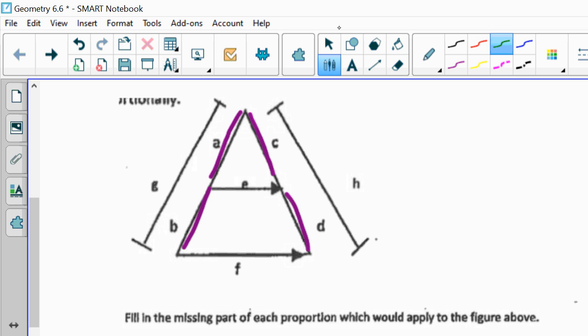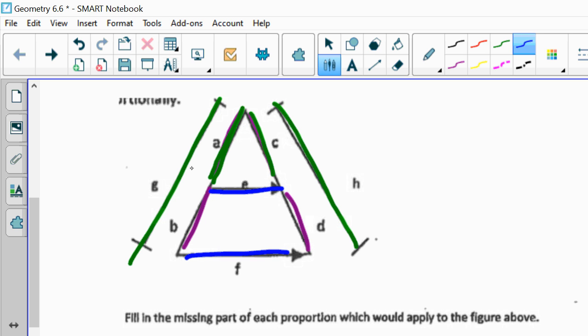So now I'm going to switch colors here. A proportional to G, so the top half proportional to the entire length over here is equal to C proportional to, I would need that entire length over here, H. Right? Switch colors again. So now I have E proportional to F, so I have the parallel, right, in the middle.